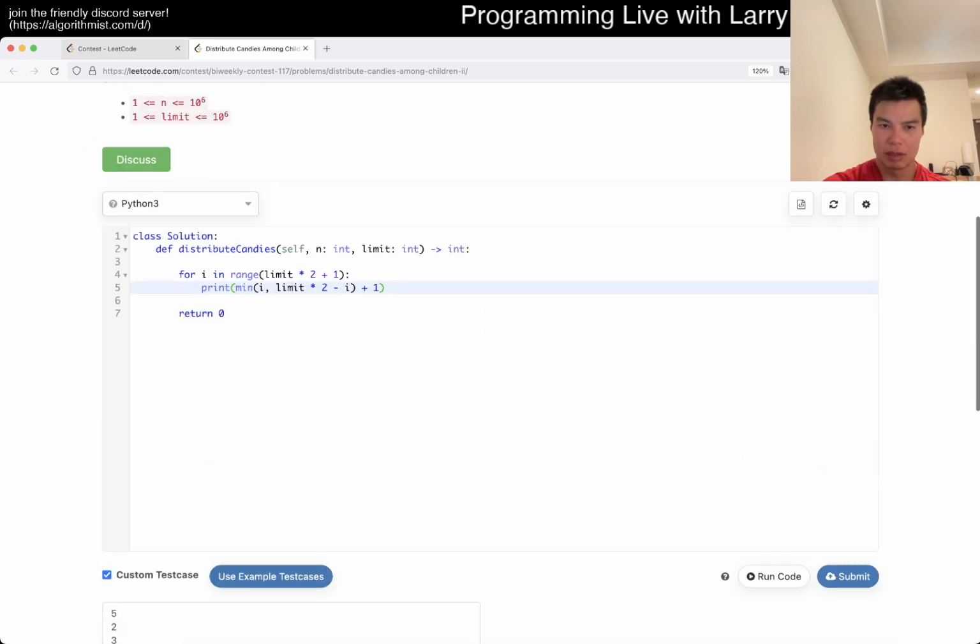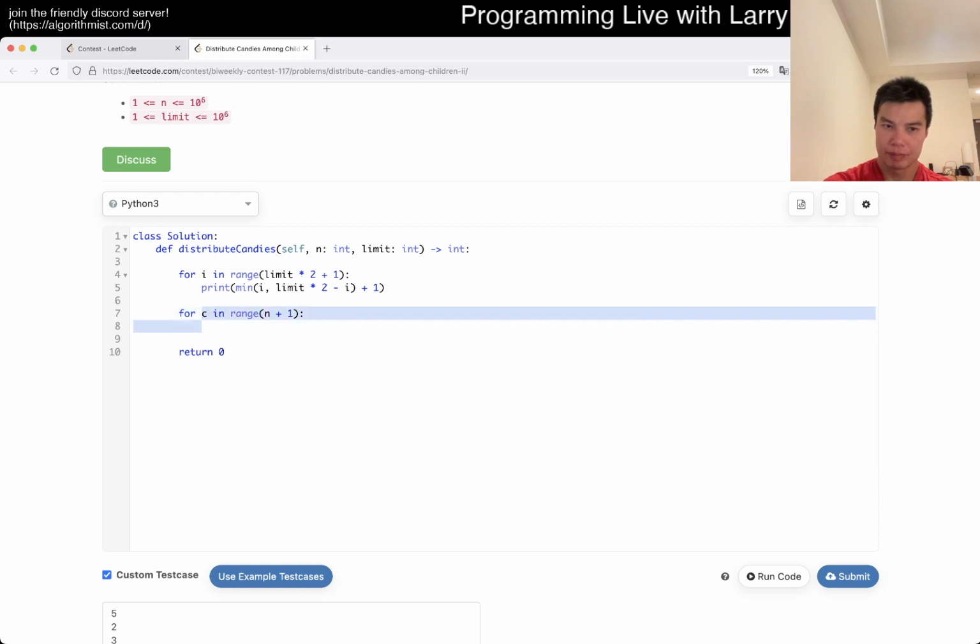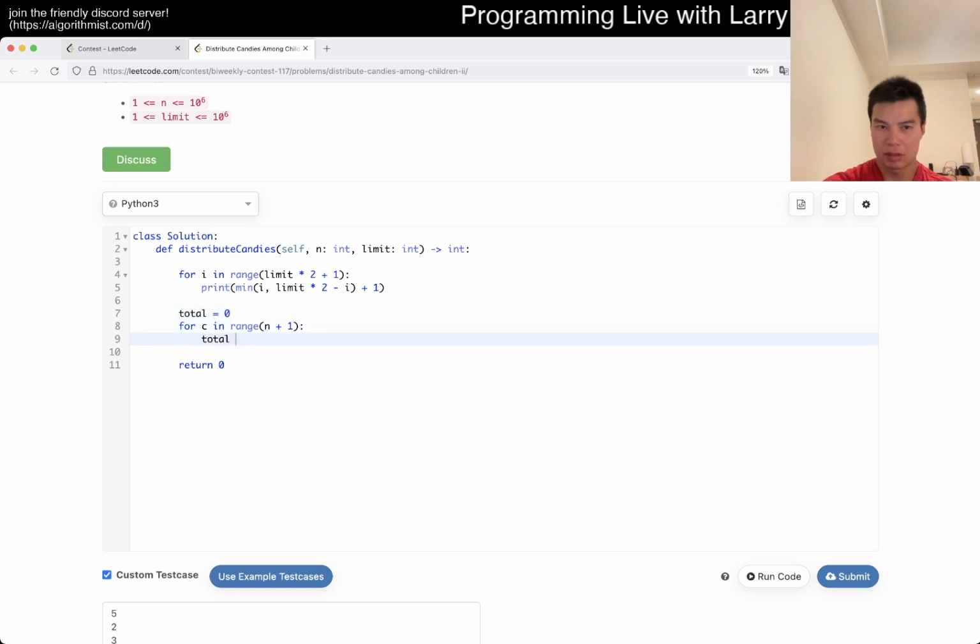And then now we can brute force the last one, right? Okay, let's say I is equal to n minus c for the total, right?